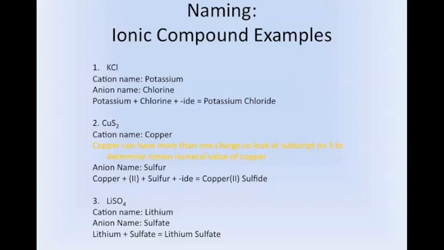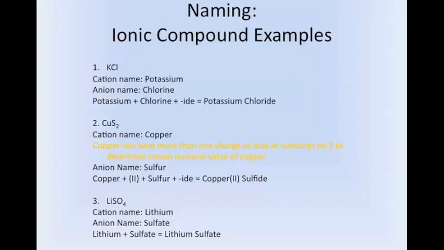And we need to identify the cation, which is Cu, which is copper, and the anion, which is S, which is sulfur. And we put copper plus Roman numeral 2. And the Roman numeral 2 comes because copper can take more than one charge value.